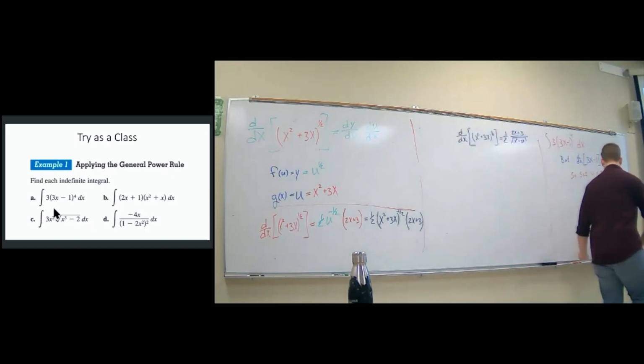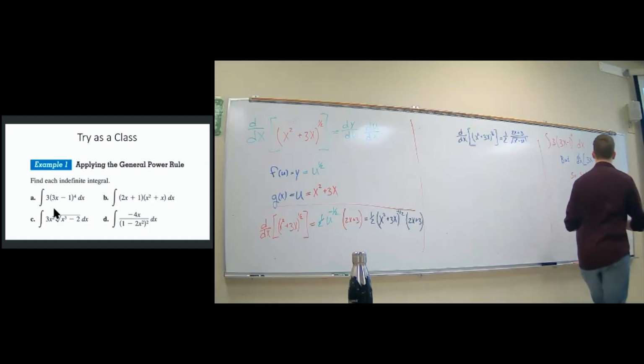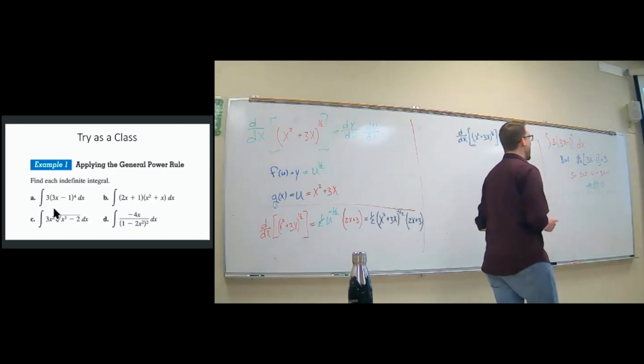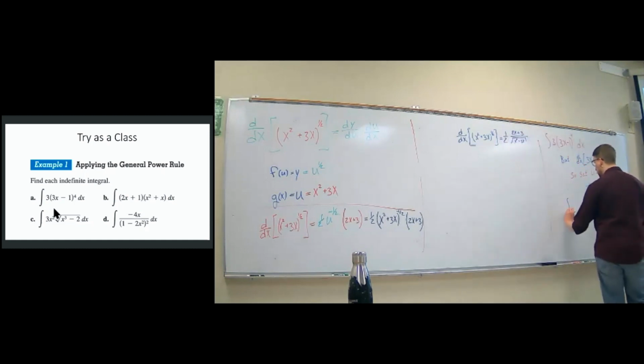Then we can rewrite this as du dx is equal to 3. And say that the integral of u to the n times du dx is what we've got integrated with respect to x, right?